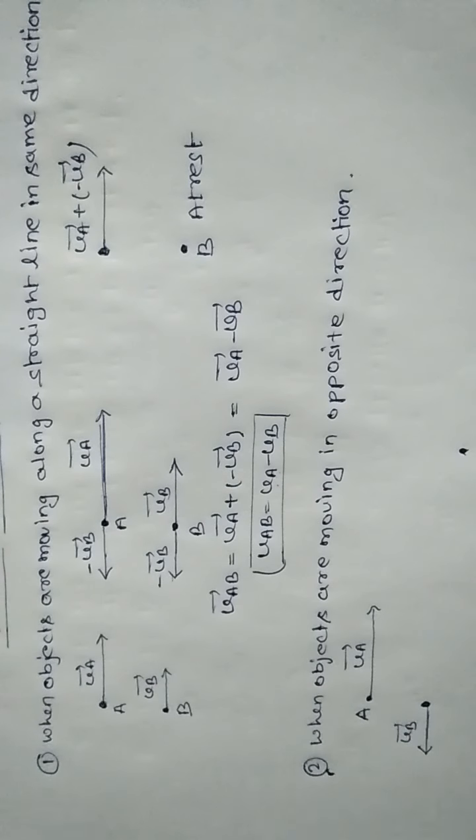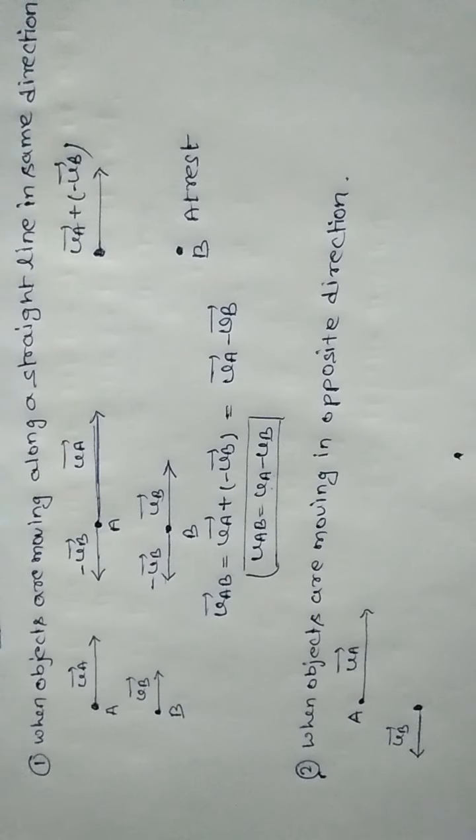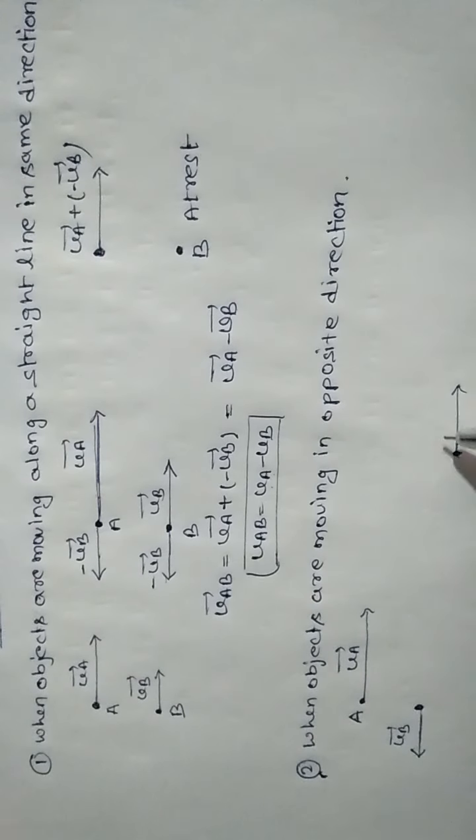To find the relative velocity of object A with respect to object B, we have to superimpose velocity minus VB so that B will come to rest.